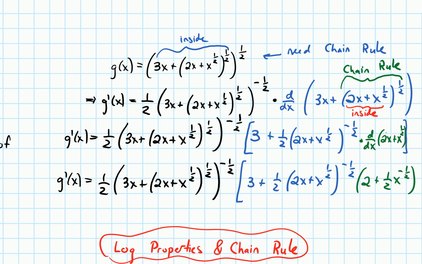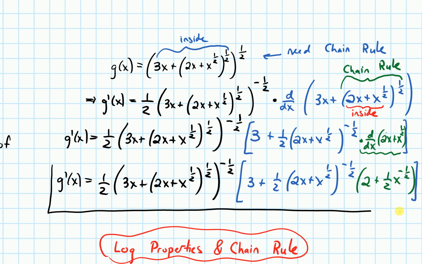Okay, and then I close that bracket. Be really mindful of your parentheses and your brackets here. When you do this chain rule portion, as we did here, remember, when you take the derivative of the inside, that's only multiplying the other part of the chain rule from which it came from. Okay, so this right here is our answer.